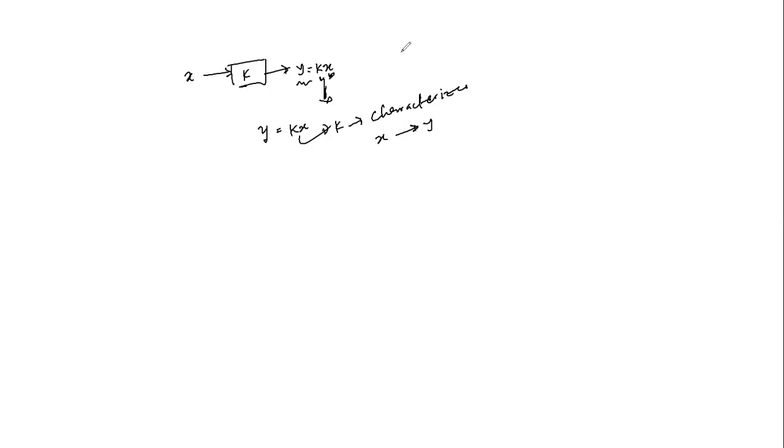So if this is what the system does on a general scale, what are the types of systems we have? First, we'll talk about continuous time systems.